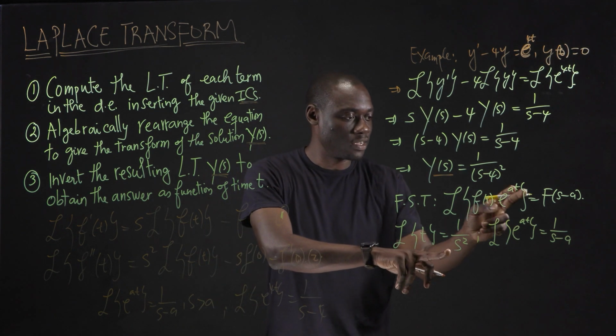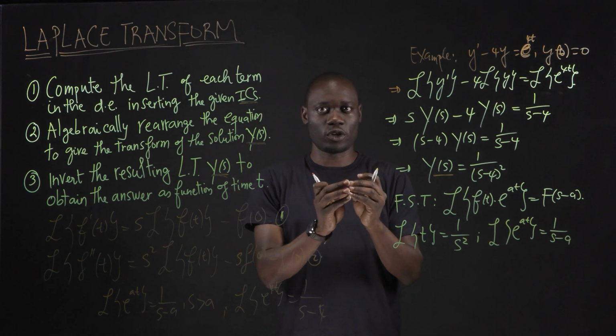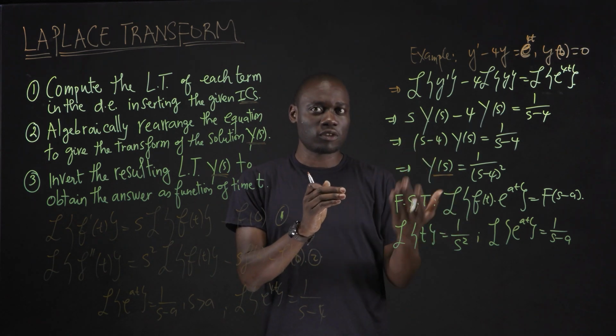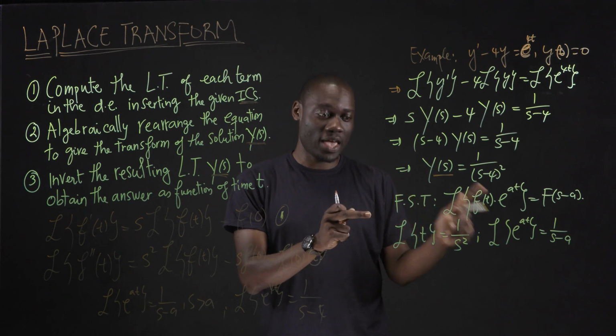Now, applying the first shift theorem, which says that the Laplace transform of a function of t multiplied by e^(at) equals the Laplace transform of the function of t, where we substitute s by s minus a.